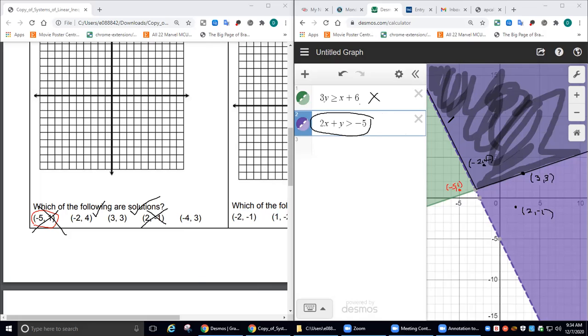So let's try one more time. (-4, 3). Here's -4, going up 3. 1, 2, 3. All right, think carefully, guys. Is this a solution?